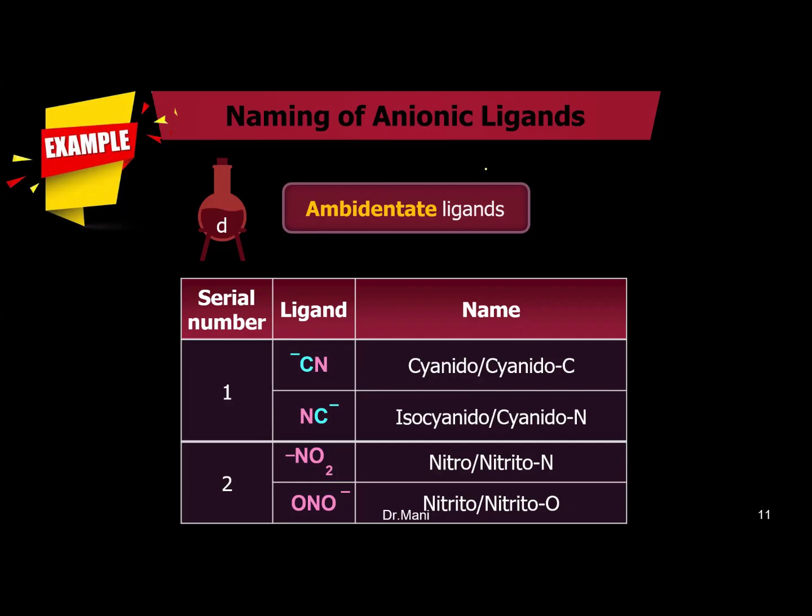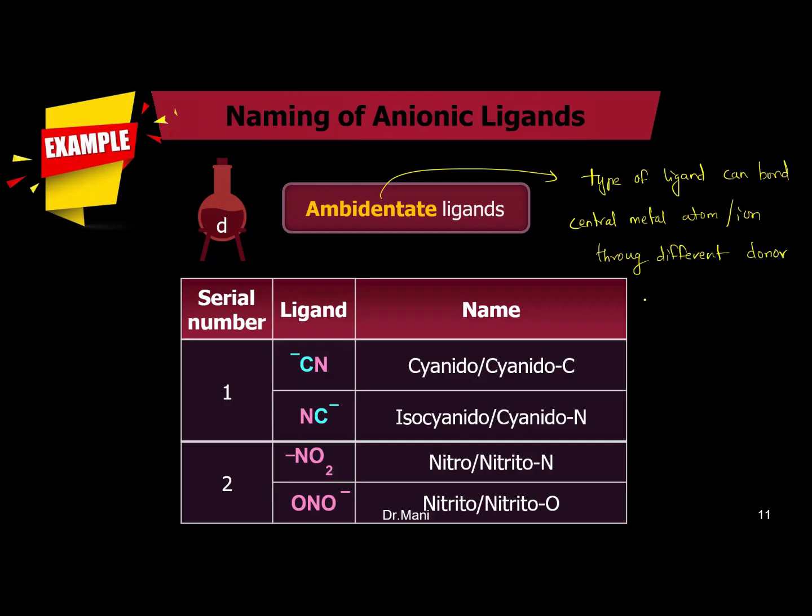So an ambidentate ligand is a kind of ligand where the central metal atom or ion will bond through different donor atoms, but only one at a time.